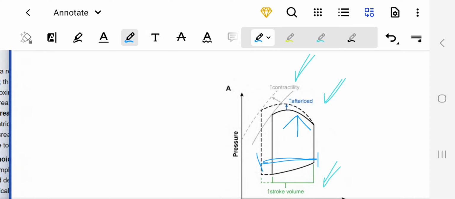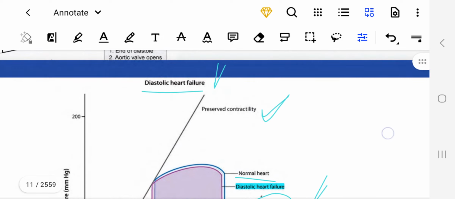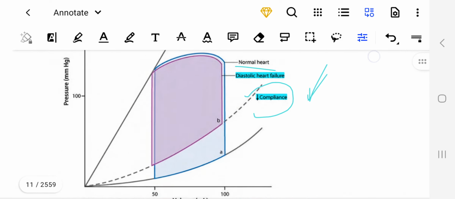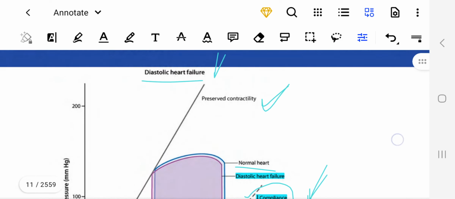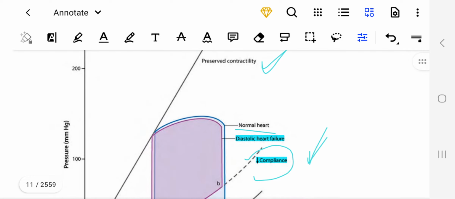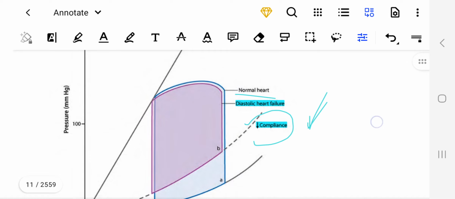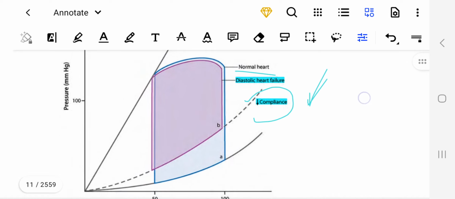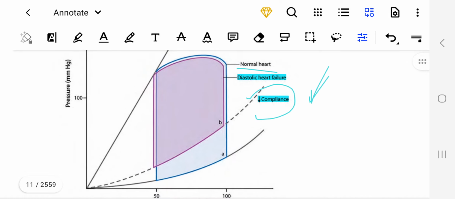Okay, good. Then in case of diastolic heart failure, as I mentioned, the contractility is preserved, but the compliance will be decreased, right?